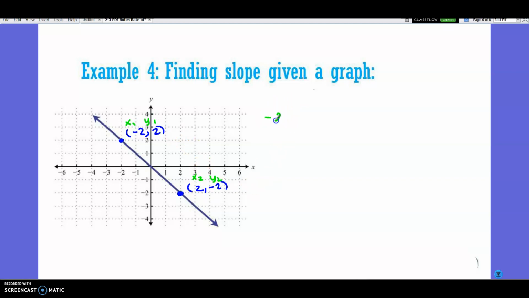And then subtract. -2 minus 2, change in y, over, I'm going to use this one first, the -2 first, -2, and then 2 minus -2. Okay, so this would be -4 over +4, which is a -1. So slope here is -1.